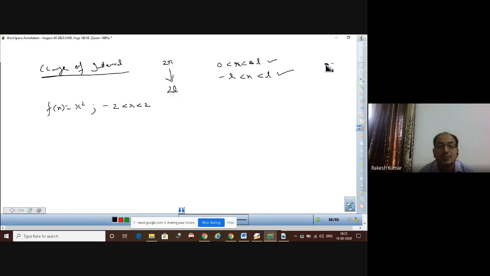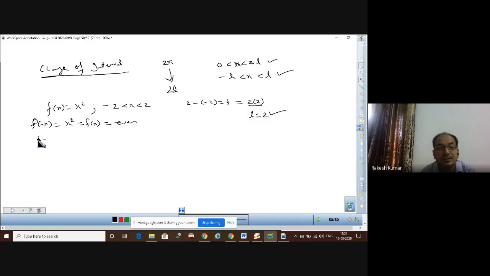According to the statement, this is of period 2L, and here the upper limit is 2 and the lower limit is minus 2, so the period is 4. Ultimately it can be written as 2 into 2, so the value of L comes out to be 2 in this case. Now one more thing, f of minus x comes out to be x square, the same as f of x, and it means the function is an even function.